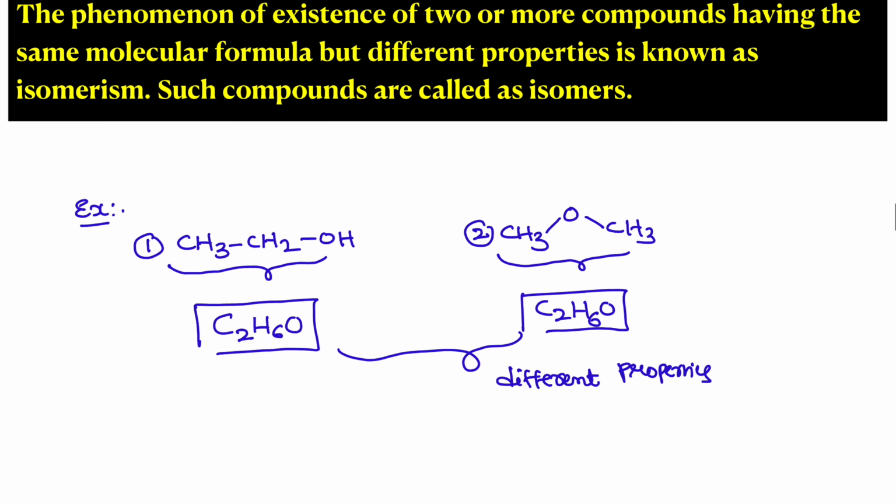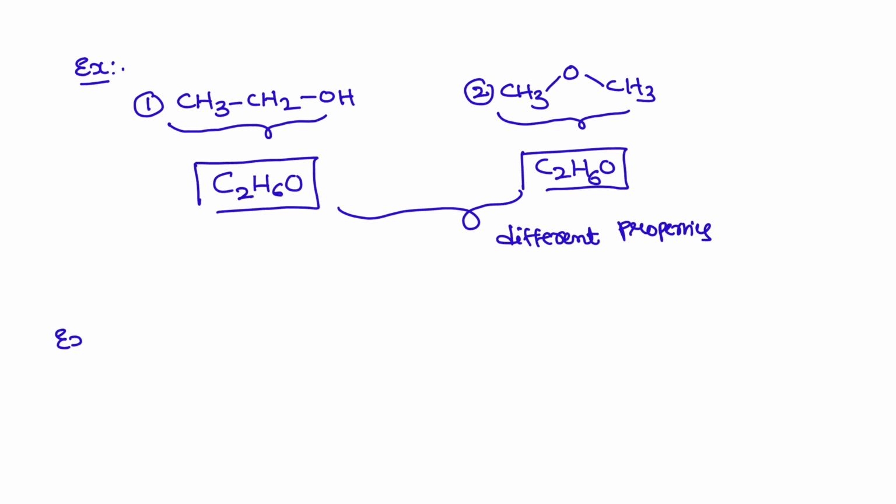Not only this, let us take one more example to understand the definition of isomers. For example, I am taking CH3CH2COOH. Whenever you see one organic compound, immediately try to give its systematic IUPAC name, so that it will give you complete perfection in IUPAC nomenclature. This is propanoic acid. I am taking a different organic compound having the structure like this.